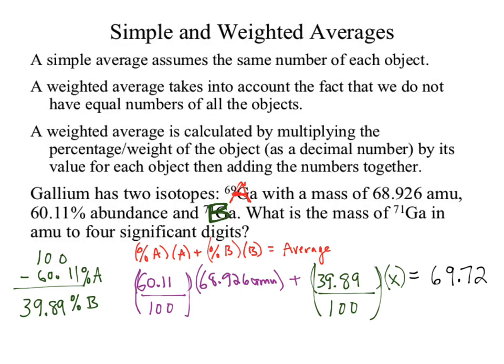The answer that comes out of this, what did we get for x? I think 70.9165. Okay. We said 4 significant figures, which you will talk about in the lab video, which in theory you're watching before lab next week.